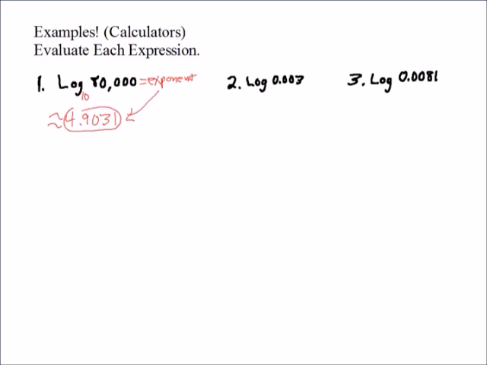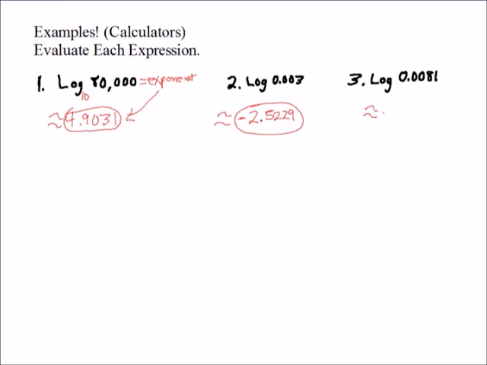Log always asks for the exponent. So the exponent will be approximately negative 2.5229. And then right here, same thing. We'll probably have a negative exponent for this.